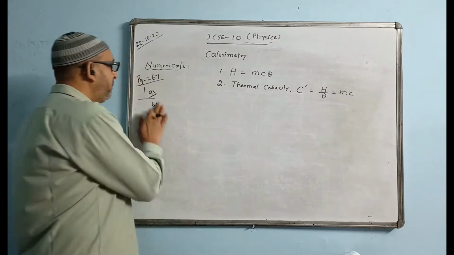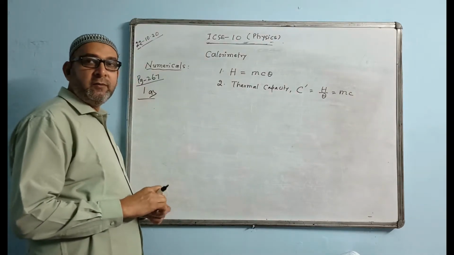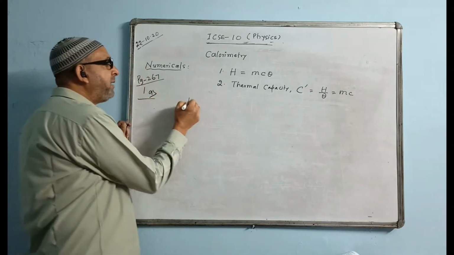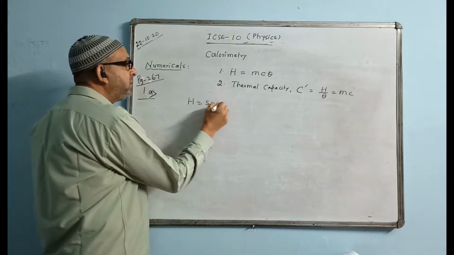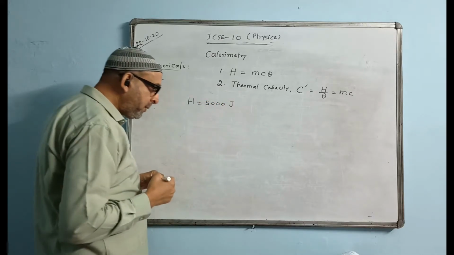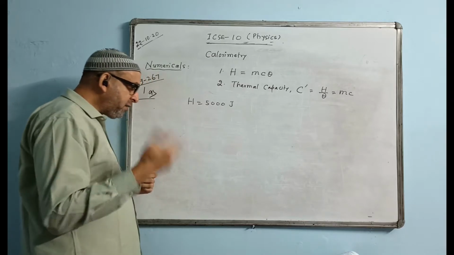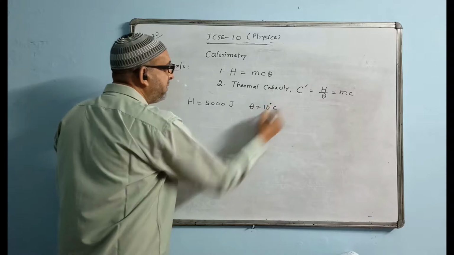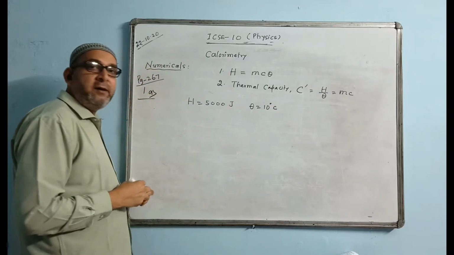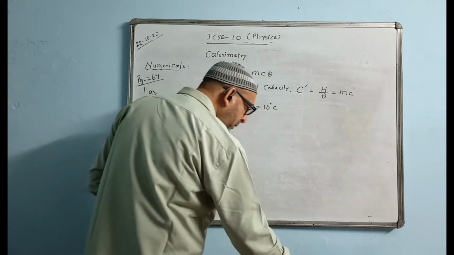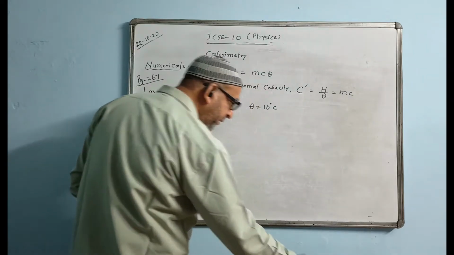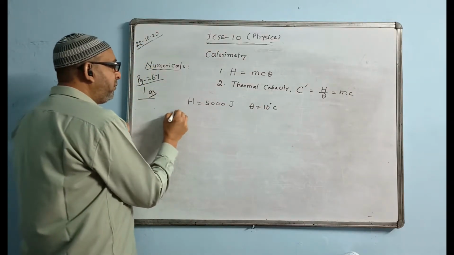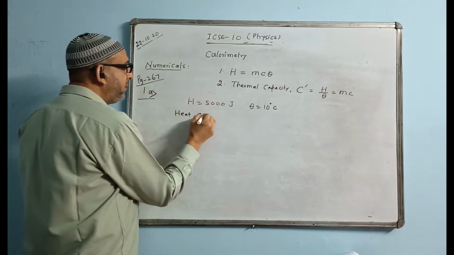So there are two parts in this question. We'll do the first part, 1A. Let us write down the information. Heat supplied is 5000 joule, and the temperature rises by 10 degrees Celsius, so theta is 10 degrees Celsius. You have to find the heat capacity. Heat capacity and thermal capacity are the same thing.